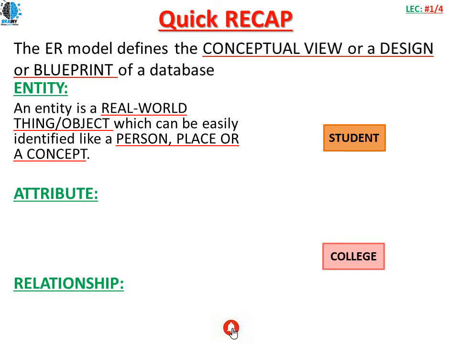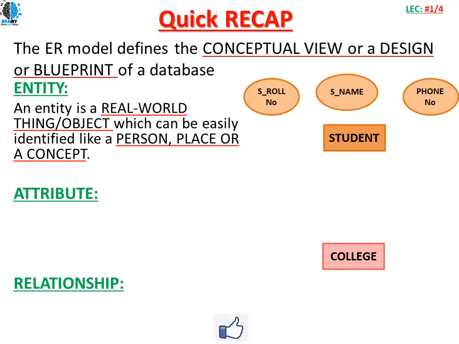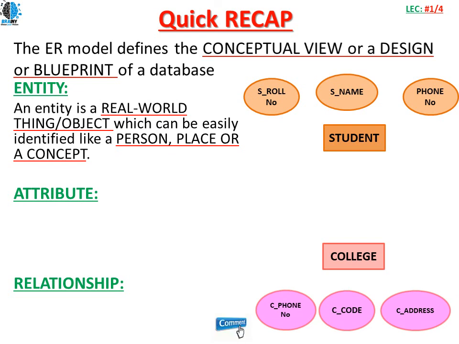Next we have the attribute. In the example, the attributes for the student entity are student roll number, student name, and phone number. Coming to college, the college attributes are college phone number, college code, and address.